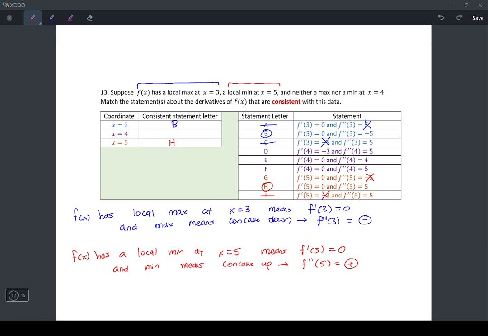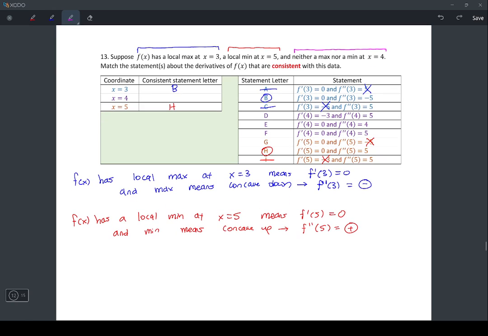And then neither max nor min at x equals 4. Oh, forgot to eliminate G there. Okay. f of x has no max or min at x equals 4.